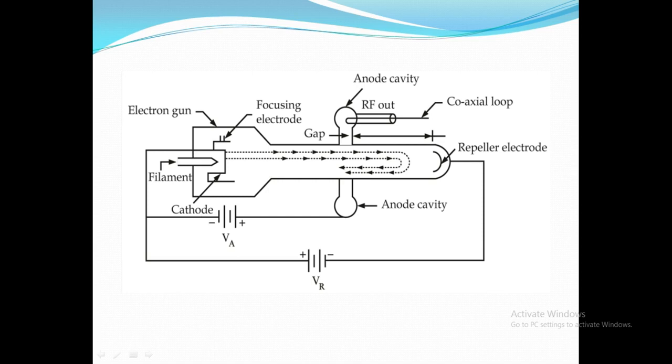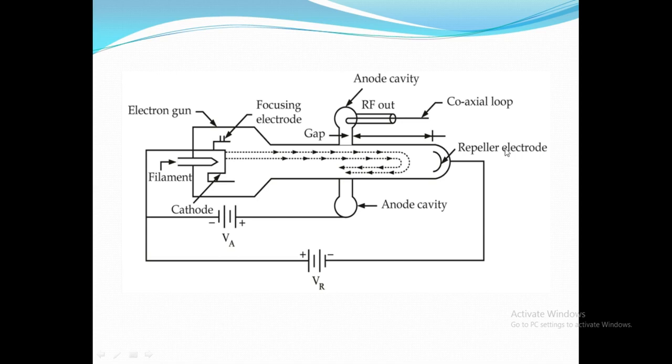Then the focusing electrode, which has a negative potential. Next, the electron gun, the anode cavity, and the repeller electrode.